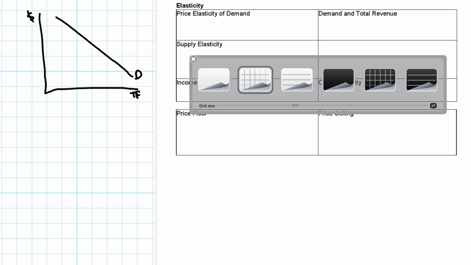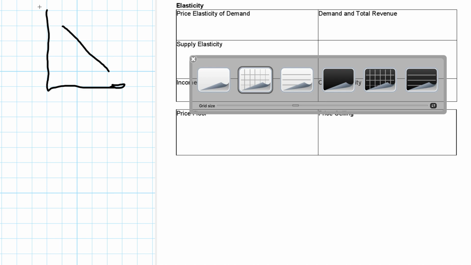All right, so here, let me erase this. Let me draw a 1, 2, 3, 4, 5. 1, 2, 3, 4, 5. Oh, I got somebody calling me. And I'm going to draw a demand curve like so.